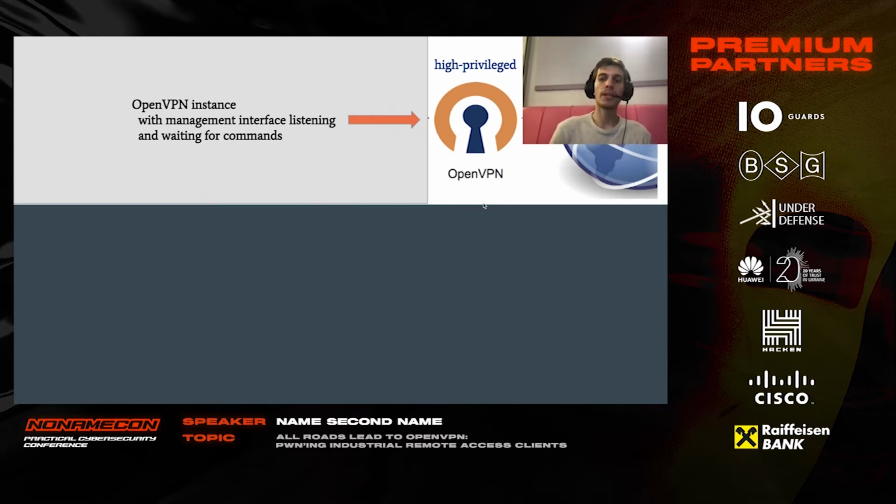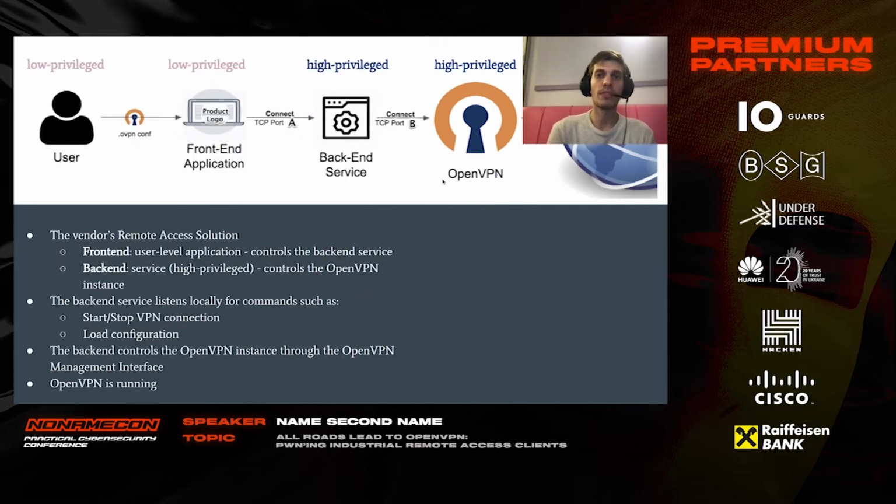And what happens usually when we're talking about remote access solutions is the following diagram. Before the OpenVPN, we have a service. This is a high privileged service that is also waiting for a command, because this is a Windows service, and it receives a command when low privileged software is opened by a low privileged user.